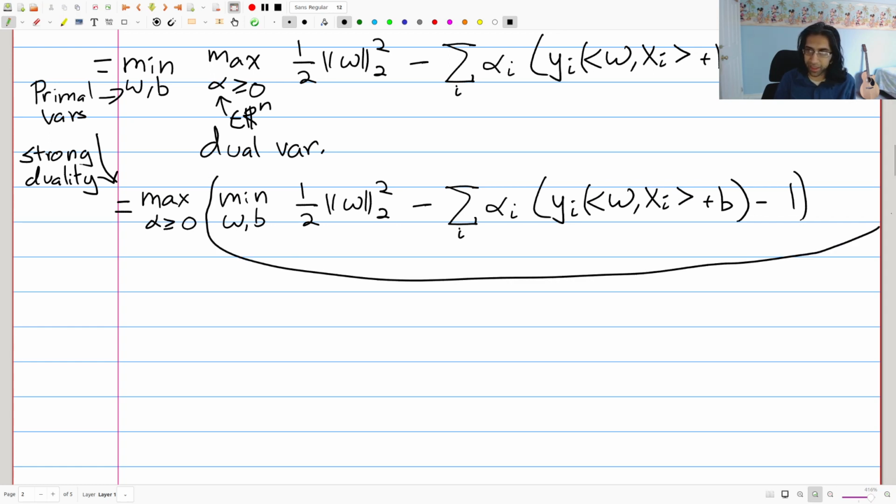This term right here is just an unconstrained optimization problem, and we know how to minimize it by taking the gradients and setting them equal to 0. If you find the points where the gradient of this expression is equal to 0, and those conditions are satisfied, then this will be at a minimum, and we can actually eliminate this minimum.